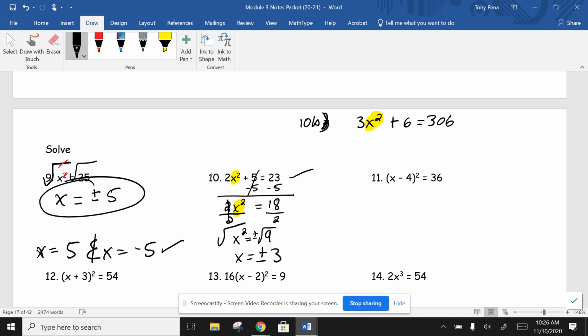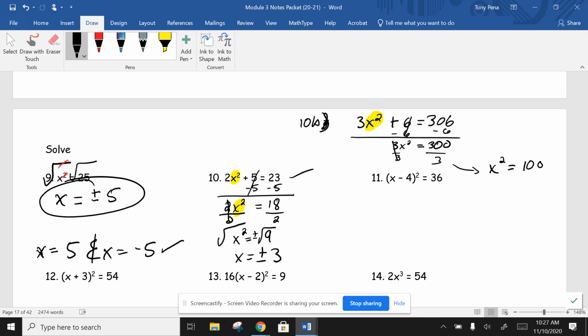In order to do that, we want to subtract the 6 over. So these would then cancel. We now just have a 3x squared on the left, and that equals 300. The 3 then we want to get rid of, so we would divide by 3. These will cancel. So now x squared is on the left, and 300 divided by 3 should be 100.